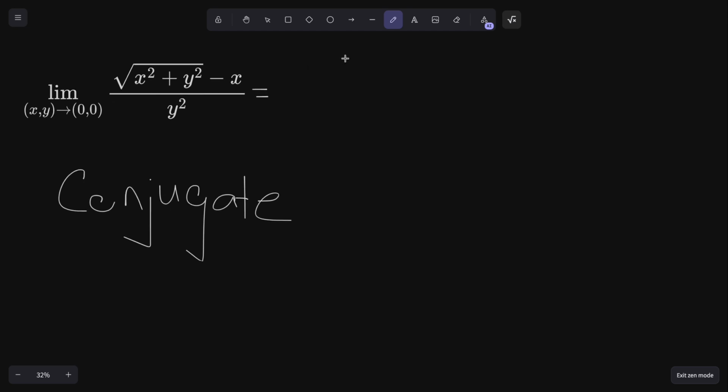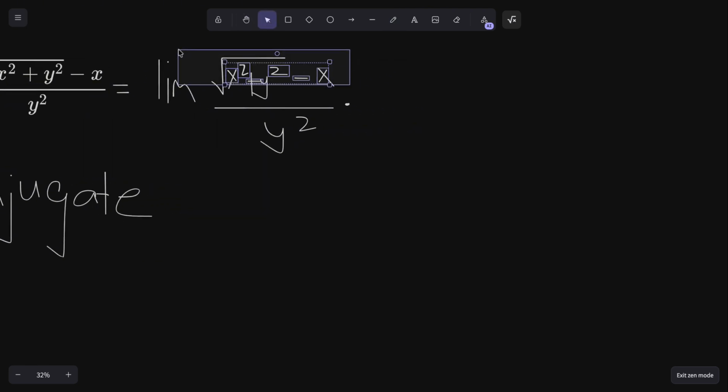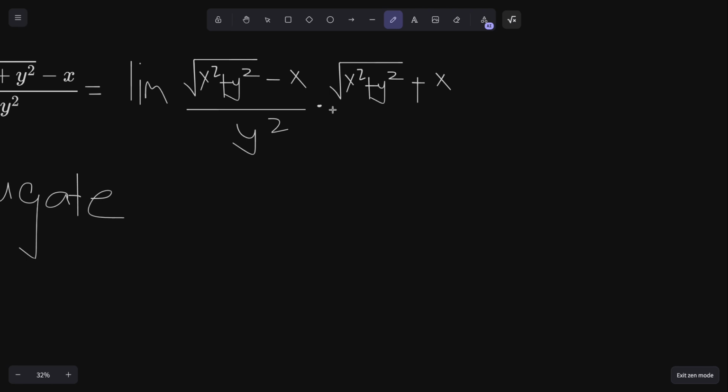Very quick. This is going to be the limit of the square root of x squared plus y squared, minus x, divided by y squared. And you're going to multiply the numerator and the denominator by all of this right over here, except it's going to be plus x. So I'll just do that.